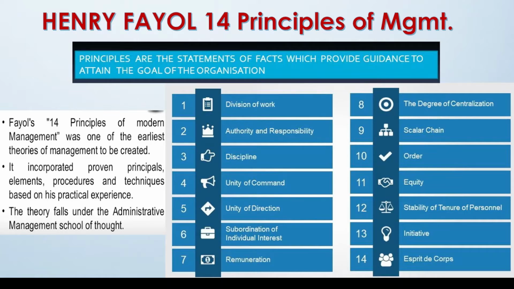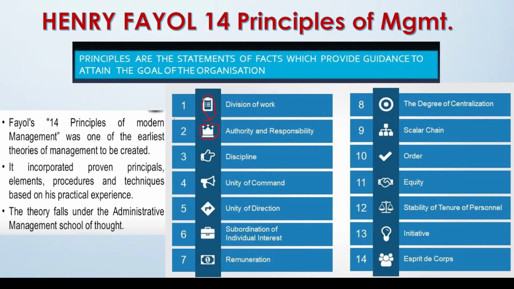You can see in this slide. Let me show you. These symbols are given, no? So they will explain the meaning of those terms. Okay, Henry Fayol's 14 Principles of Modern Management was one of the earliest theories in management.